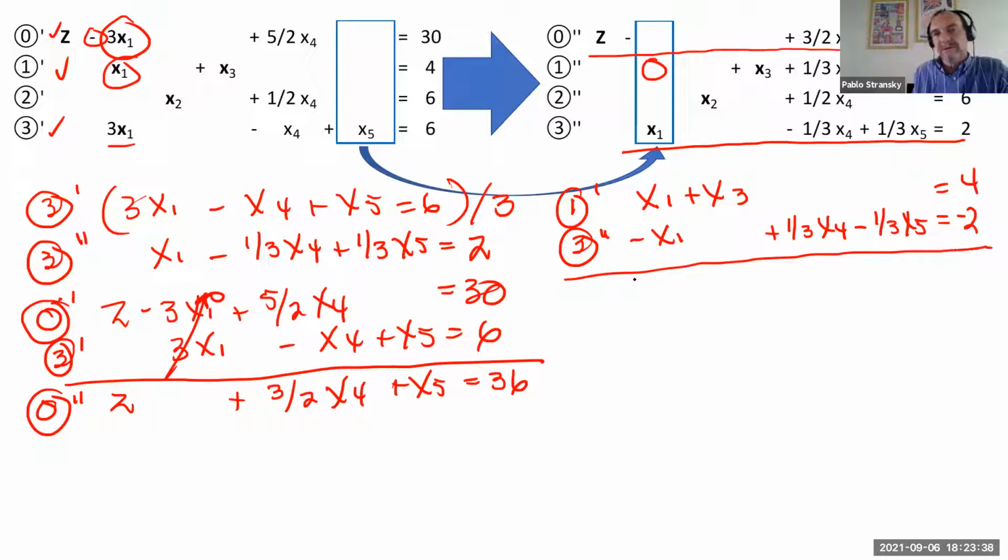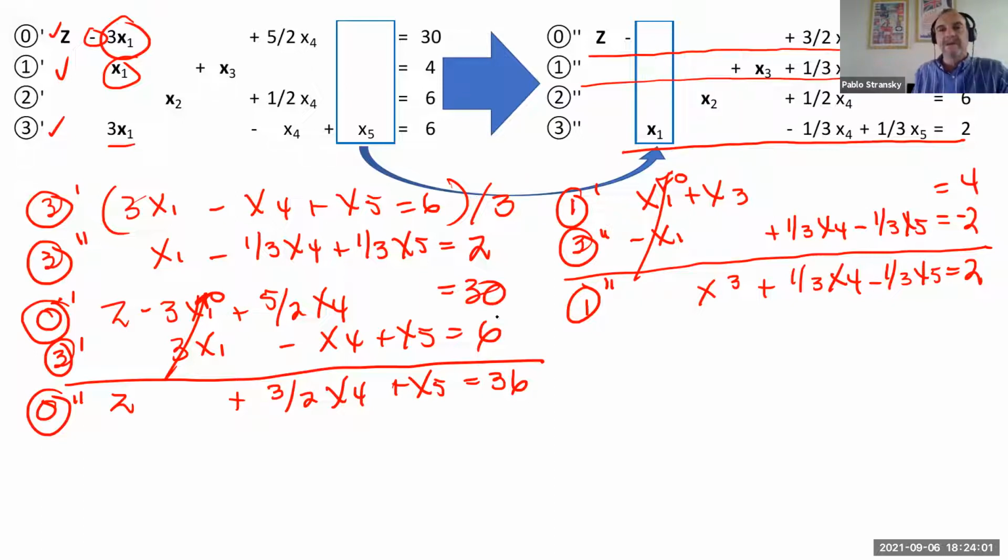So these two are eliminated, and now I have x3 plus 1/3 of x4 minus 1/3 of x5 equals 2. And this equation 1 double apostrophe is the same I got here.